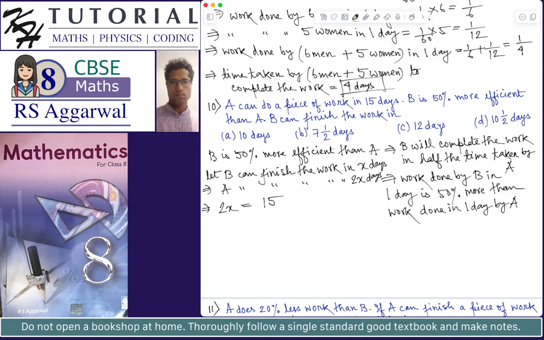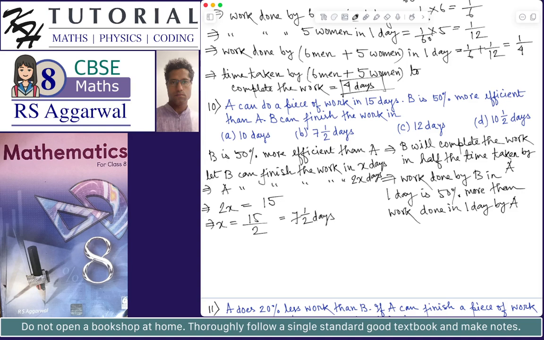So now we can say that 2x is equal to 15. This implies X is equal to 15 by 2, and this is equal to 7.5 days.